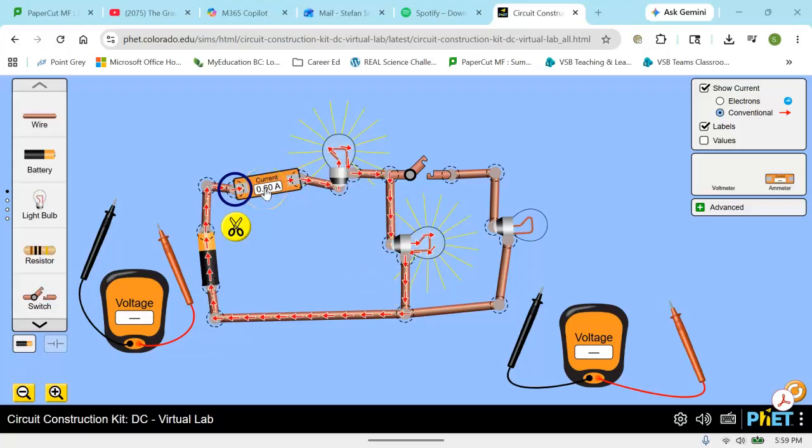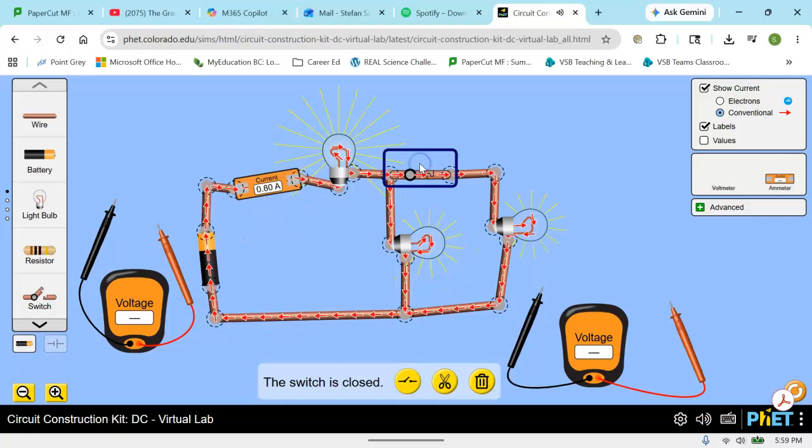Here I've added a current meter so we can see the current at that point in the circuit. When the switch is open and there are just 2 bulbs in series, the current is 0.6 amps. When I close the switch, you can see the current increases. Right now charge can flow through both these bulbs in parallel.